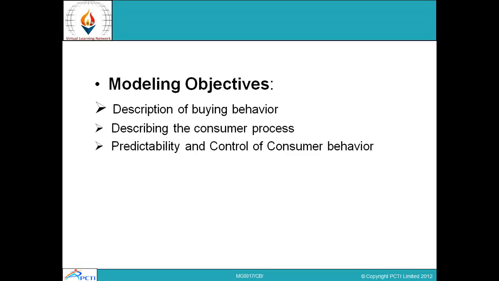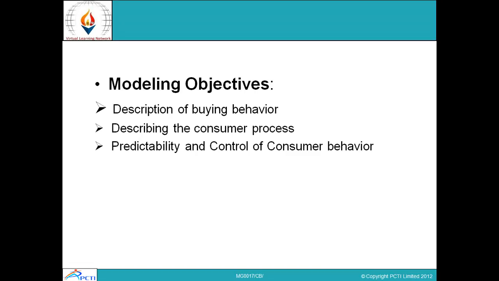Next, let's go for the next modeling objective, that is, describing consumer behavior. When I say describing consumer behavior, it means this is the data which focuses upon processes influencing consumer behavior rather than the state of consumer behavior.